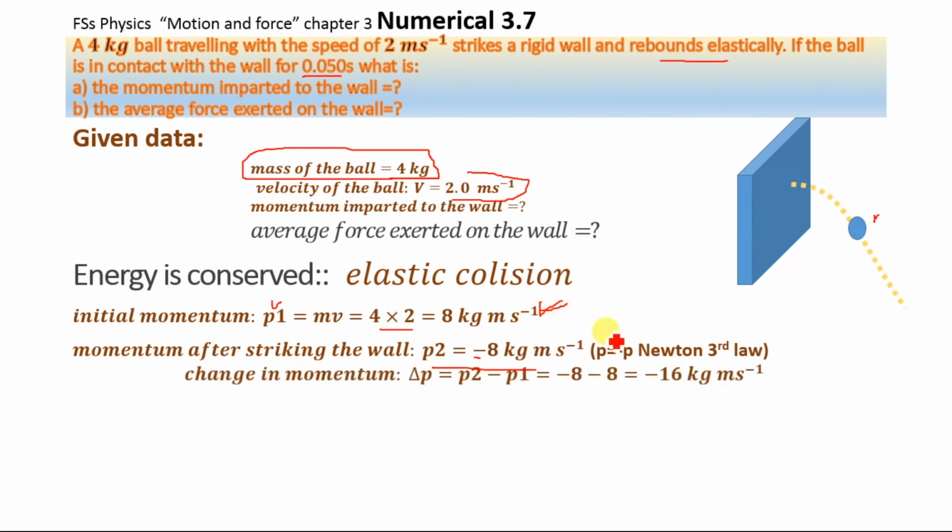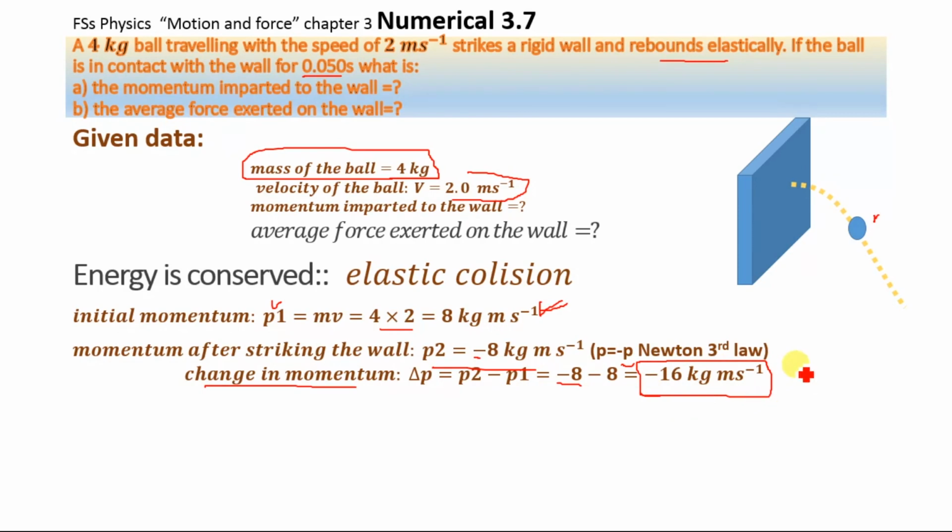So the total change in the momentum, which is del P, will be equal to P2 minus P1, which is final momentum minus initial momentum. The initial momentum we have calculated is 8, and the final momentum is minus 8. So minus 8 minus 8, we will have minus 16 kilogram meter per second, and this is the change in the momentum.